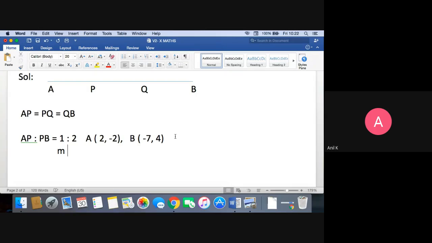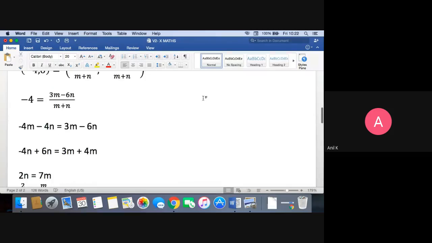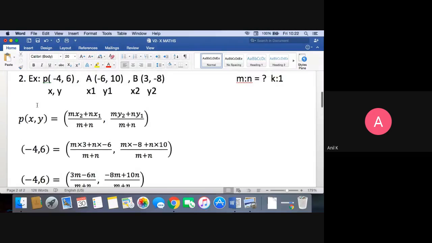This is m is to n. A is given as x1, y1, and B as x2, y2. So can you find the point P using the section formula?